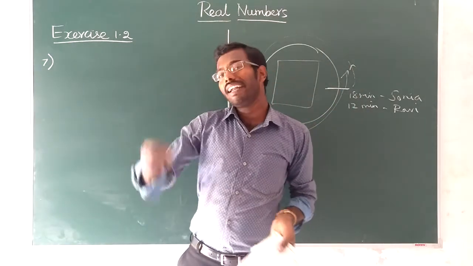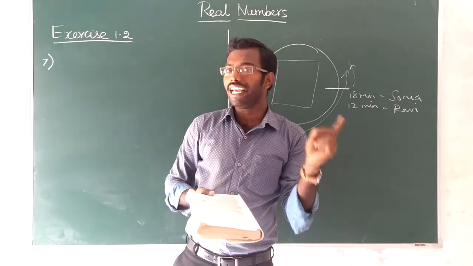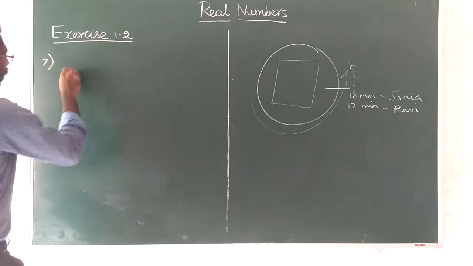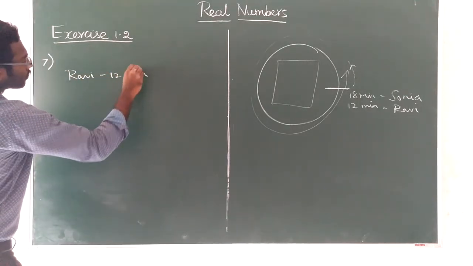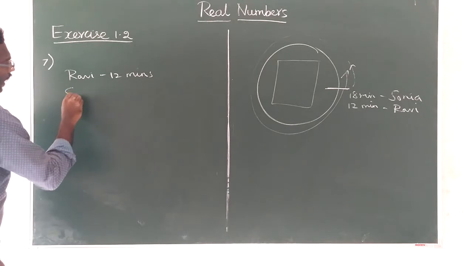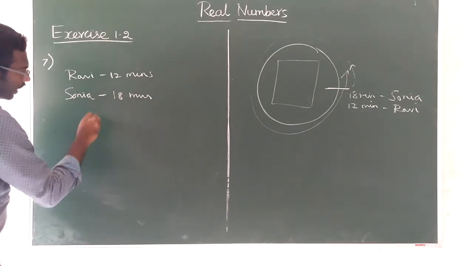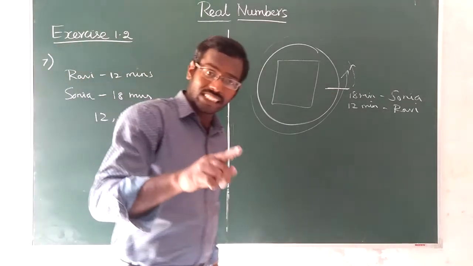So, whenever a word problem is given in real numbers, you should understand whether you have to find LCM or HCF. The two numbers: Ravi 12 minutes, Sonia 18 minutes. So the numbers are 12 and 18. Either you have to find HCF or LCM.